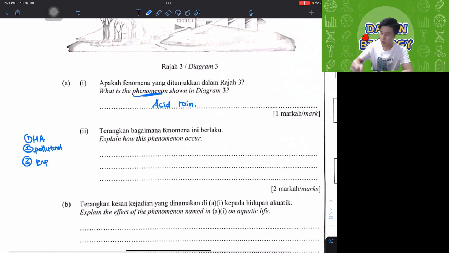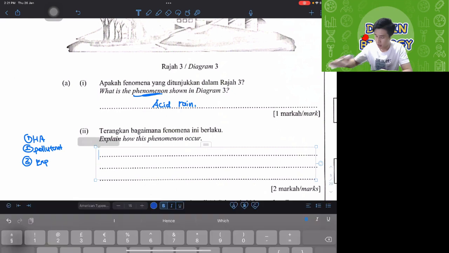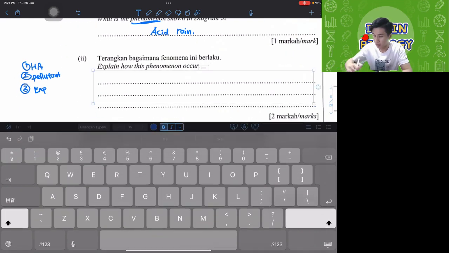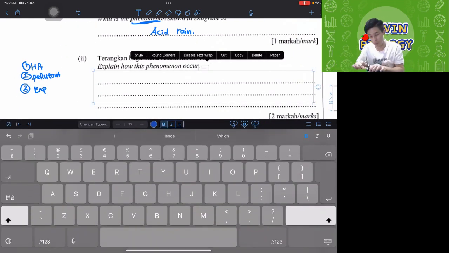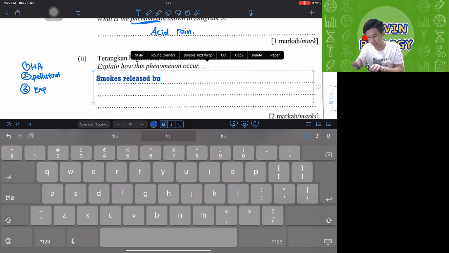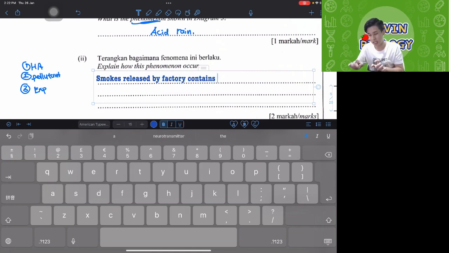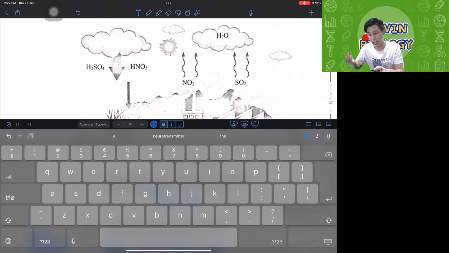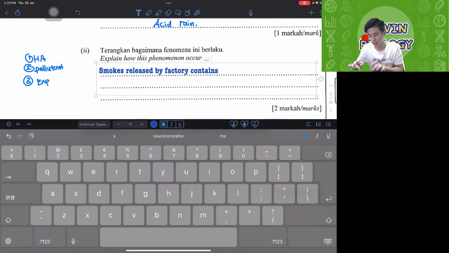So then you could explain here. So very simple. Number 1, I say the smoke released by factory contains, they already tell you here, NO2, SO2, sulfur dioxide, and nitrogen dioxide.